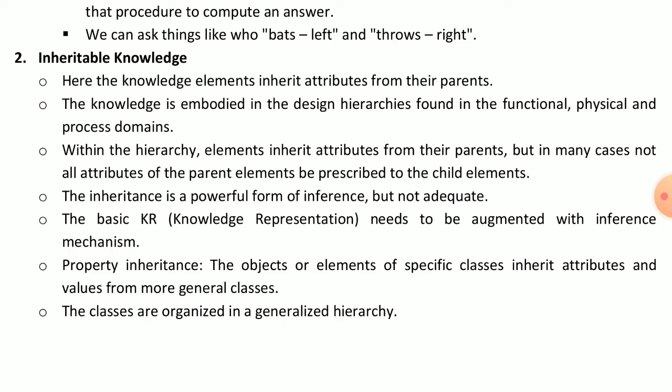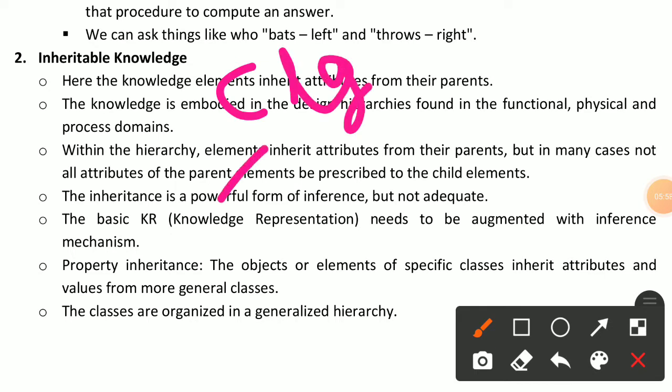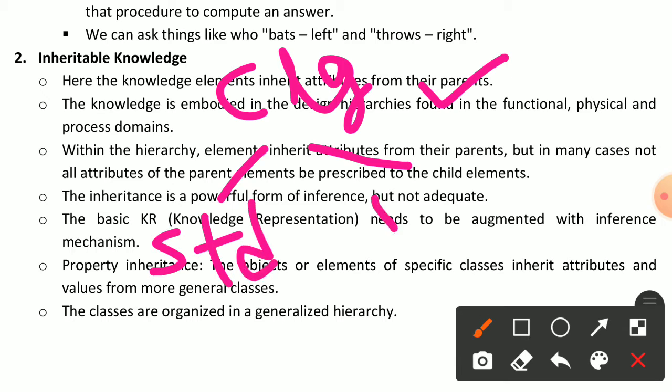Then the classes are organized in a generalized hierarchy. We can take the hierarchy. Like first we can take the college, the college is the class, and we can take two objects, students and faculties.